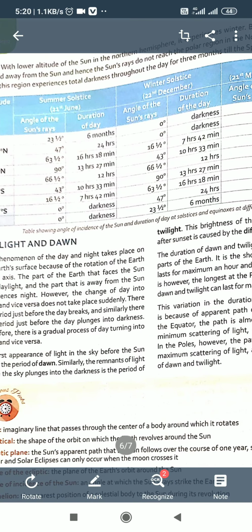During summer solstice, 21st of June, the North Pole is inclined toward the sun, so the region beyond the Arctic Circle experiences 24 hours continuous daylight.